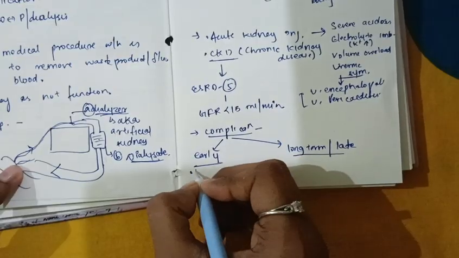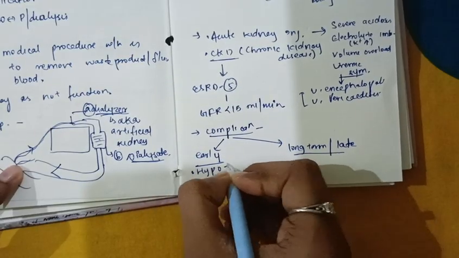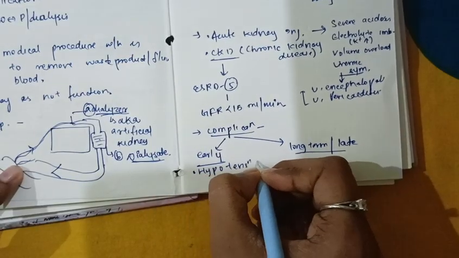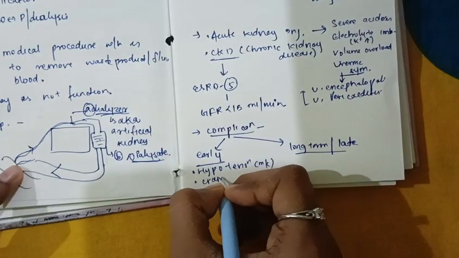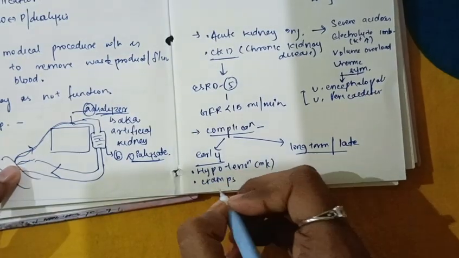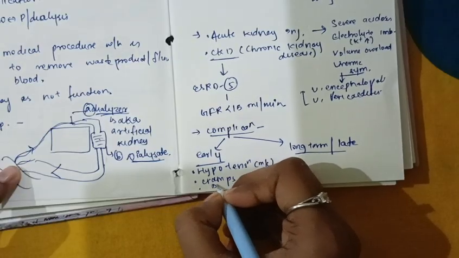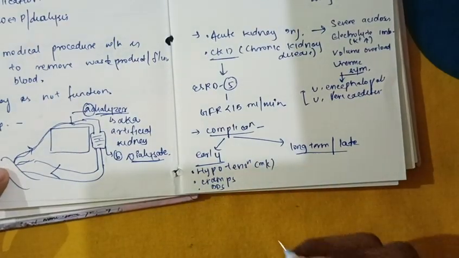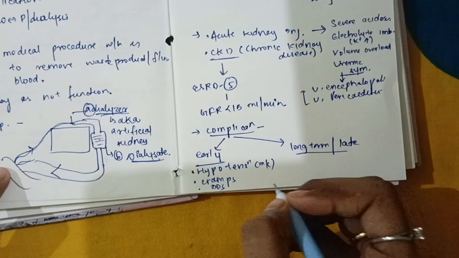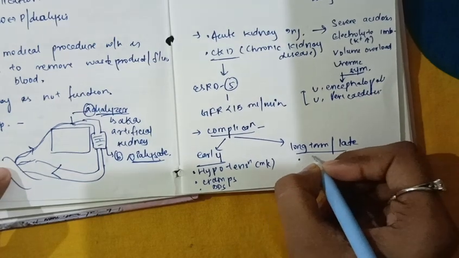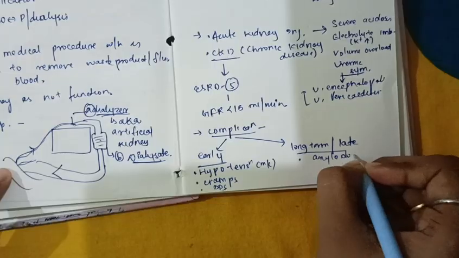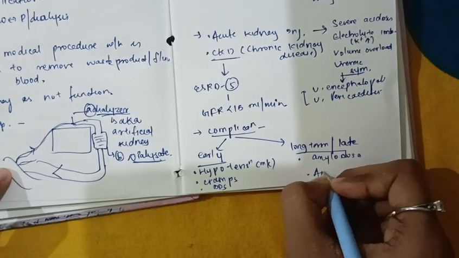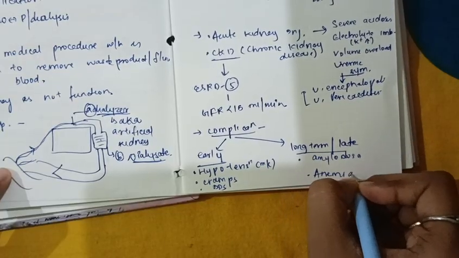Three complications: hypotension, which is the most common complication, then cramps, and then DDS. What is DDS? It's dialysis disequilibrium syndrome. And the long-term complications are amyloidosis and anemia.